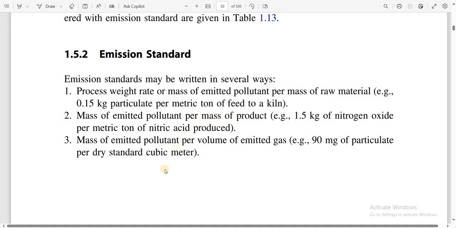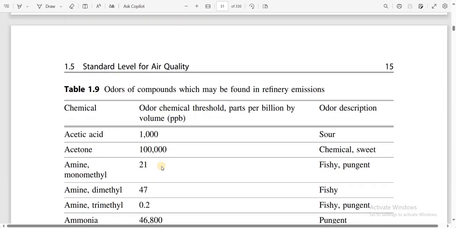So what is written here is how much the standard is, like we can measure that per the size of the batch, like if the size of the batch is 1 ton, then 1.5 kg of nitrogen oxide is measured like that. Third, mass of emitted pollutant per volume of emitted gas, like 90 milligram of particulates per dry standard cubic meter is okay, like that's the standard.